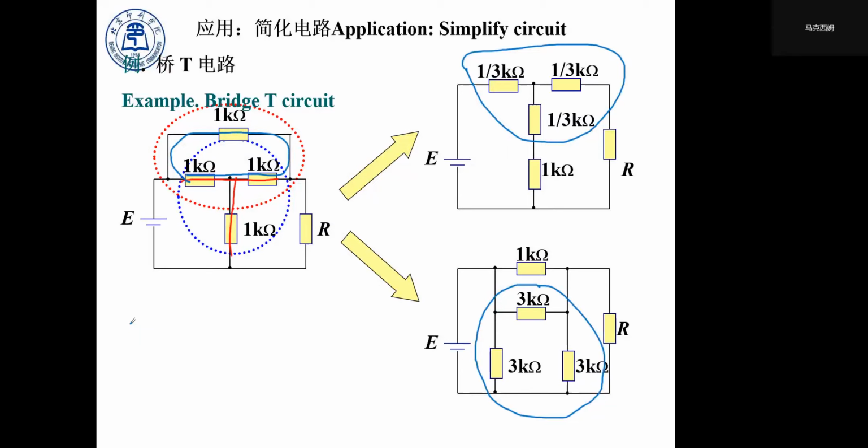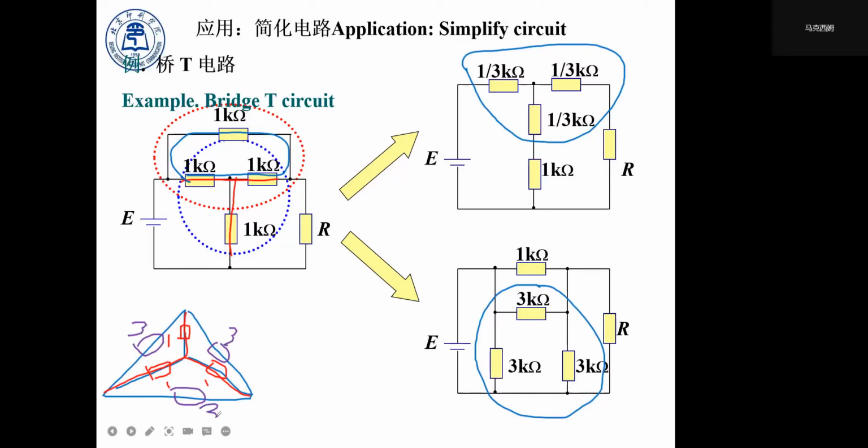From the last page we know that if you have a symmetrical network, which means all the resistances in every branch are the same, we use 1, 1, 1 inside and 3, 3, 3 on the outside.